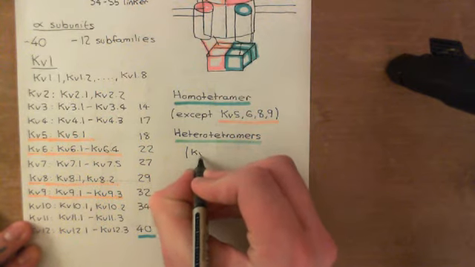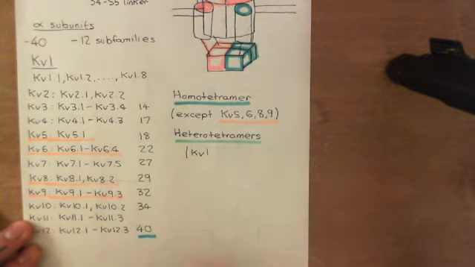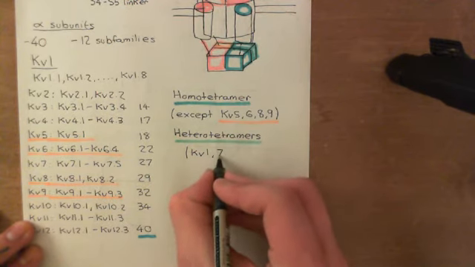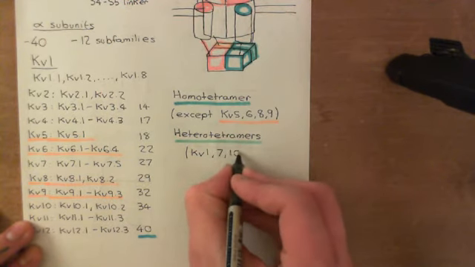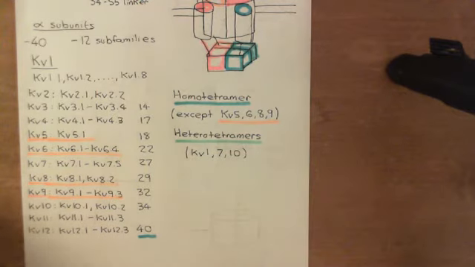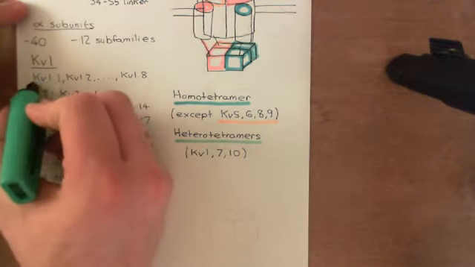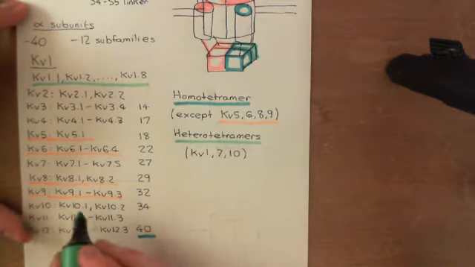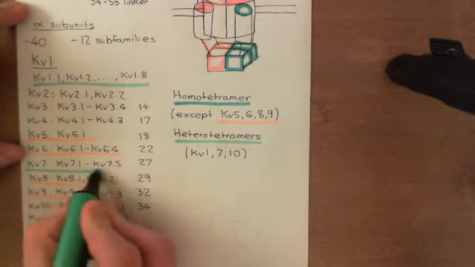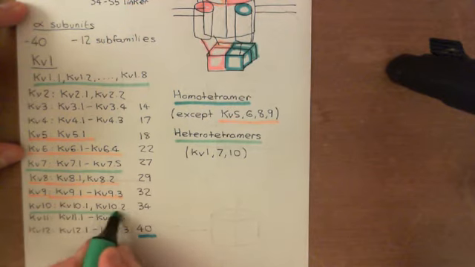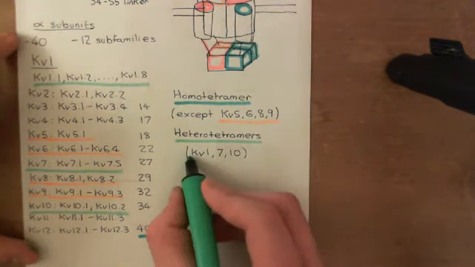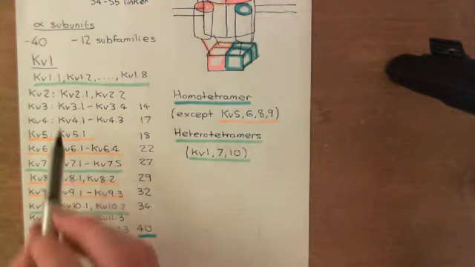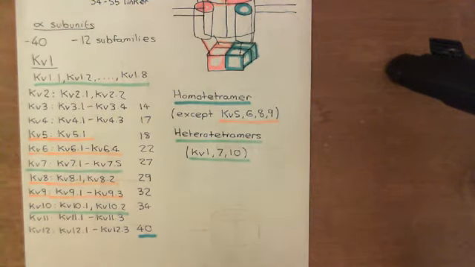Let me first write out the families that participate in these heterotetramers within families, and then I'll explain in more detail what it means. So Kv1, 7, and 10 are the families capable of forming intra-family heterotetramers. Kv1, Kv7, and Kv10, the ones underlined in green.